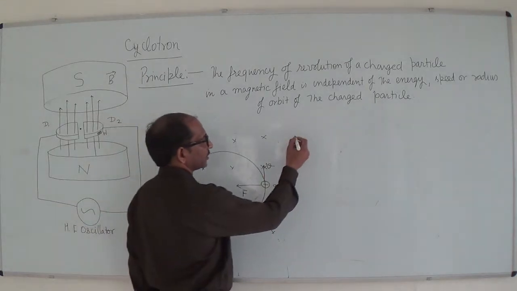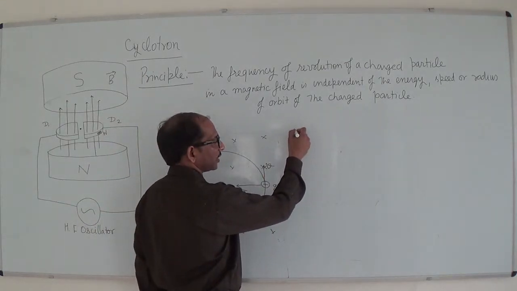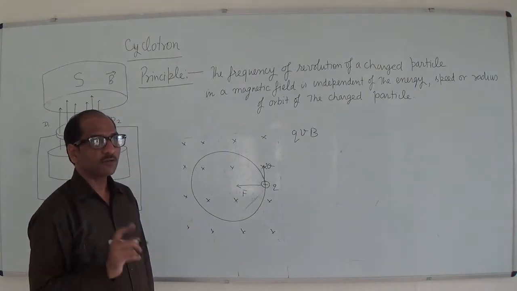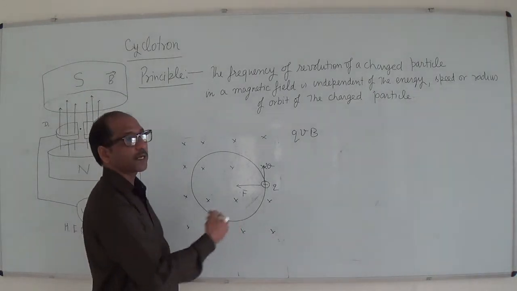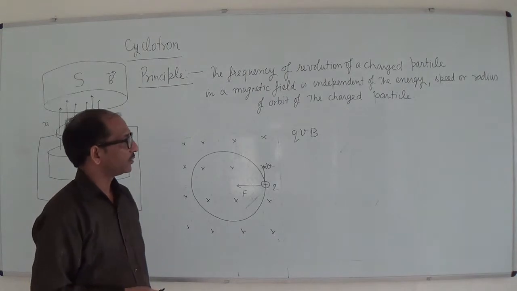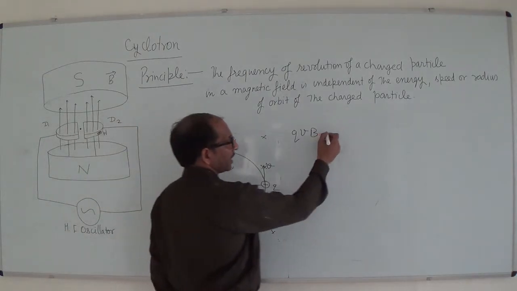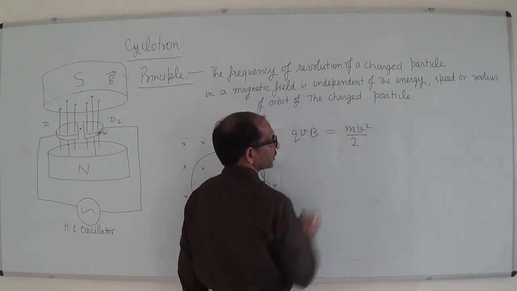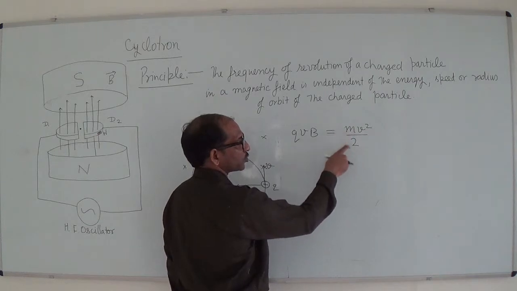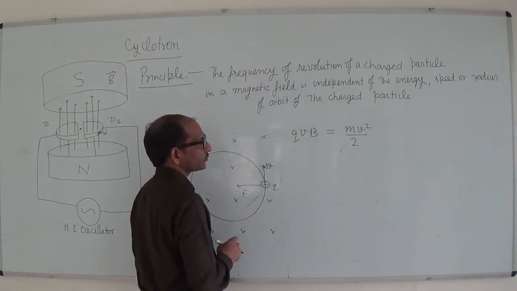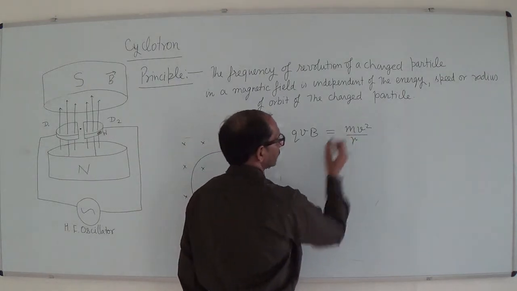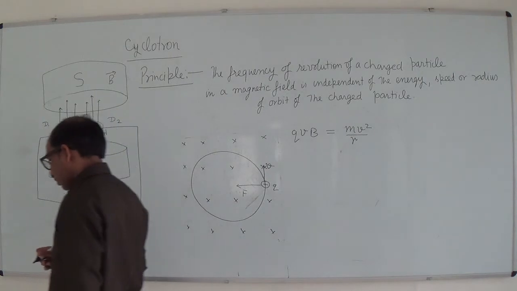We know that the Lorentz magnetic force F is equal to qvB. This is maximum only when the particle enters perpendicularly into the magnetic field, and this acts like a centripetal force. By the definition of centripetal force, you know that it is mv square upon r.